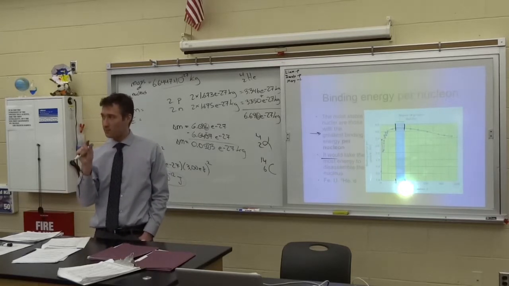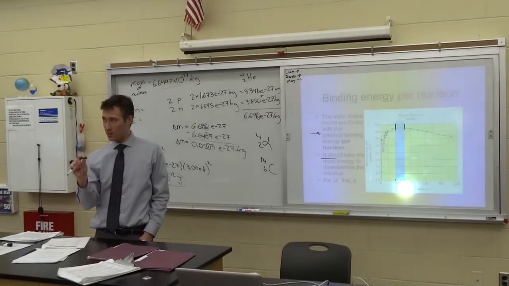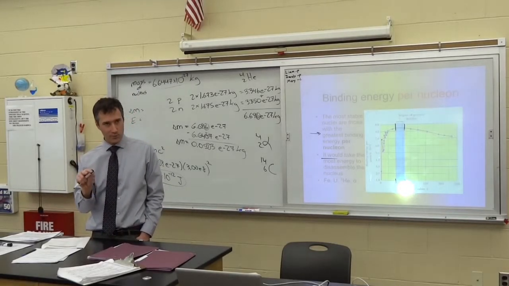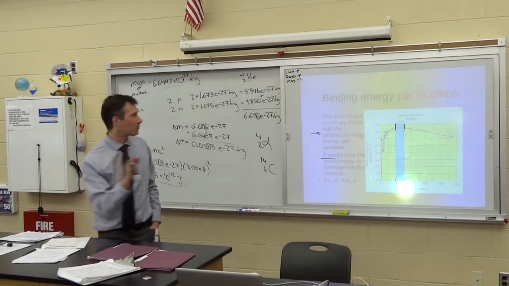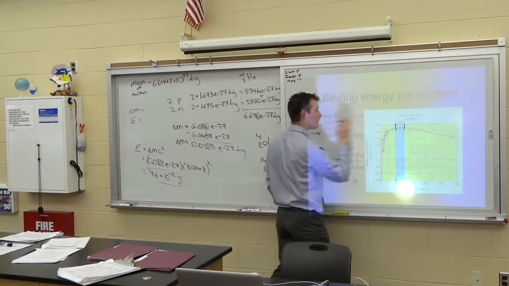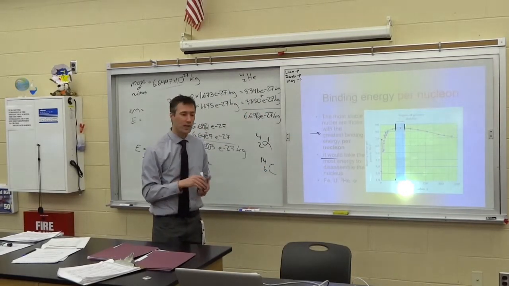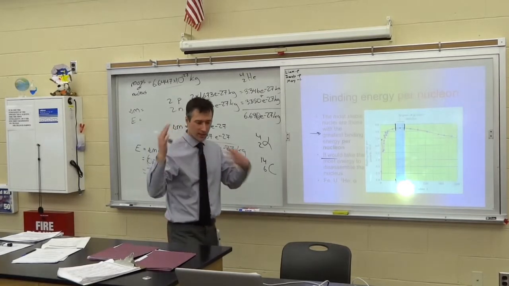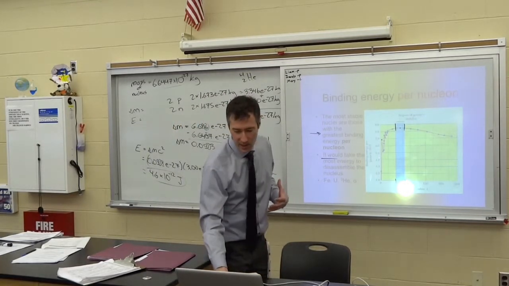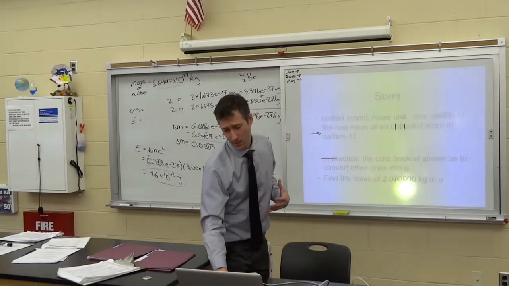But some physics textbooks claim it's a nuclide of nickel. But it's right around there, right? So the highest one, the biggest binding energy per nucleon, is, I would say iron, but some people would say nickel.